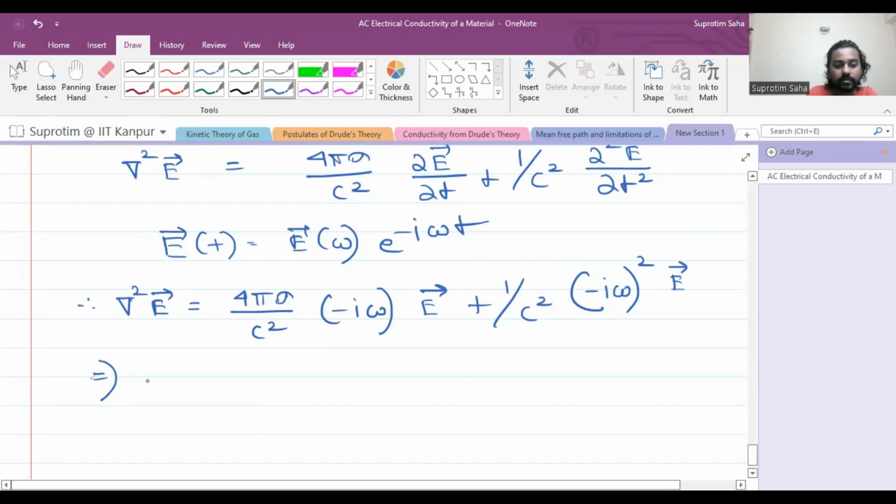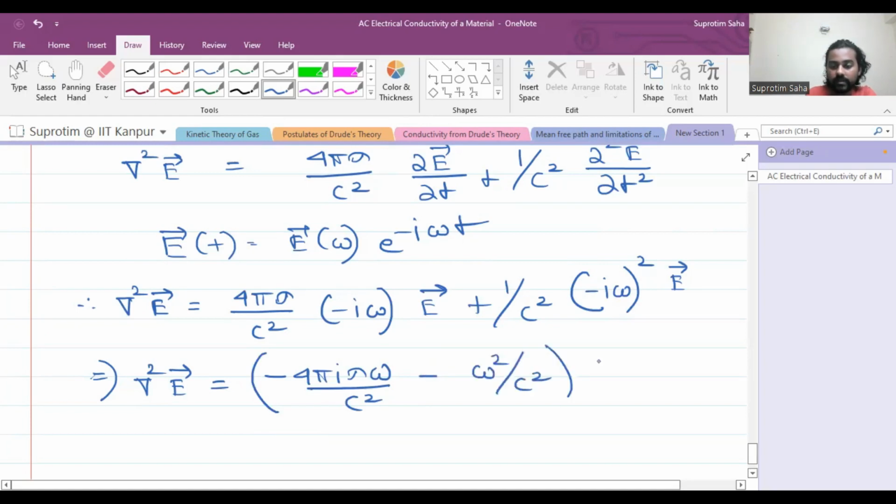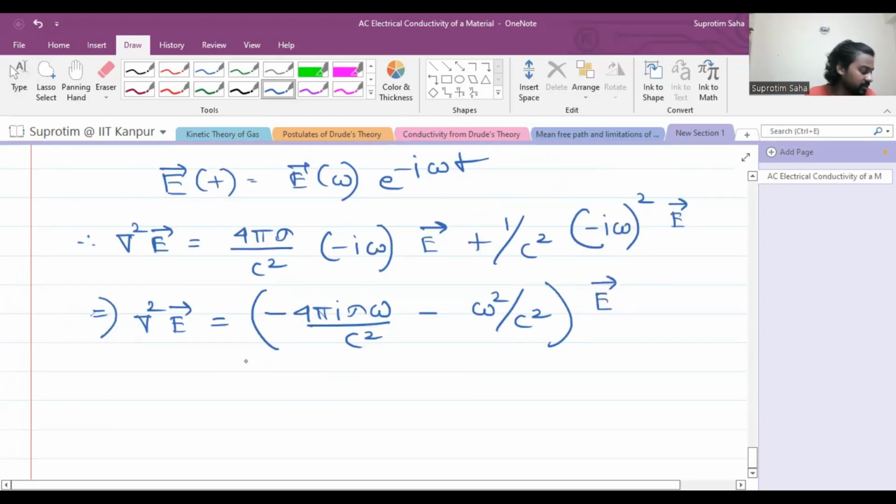This implies minus 4 pi i sigma omega over c squared minus omega squared by c squared. If you take omega squared by c squared common, which is 4 pi i sigma by omega plus 1 times.